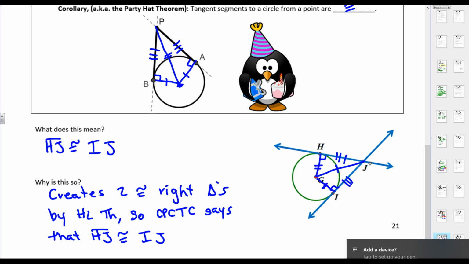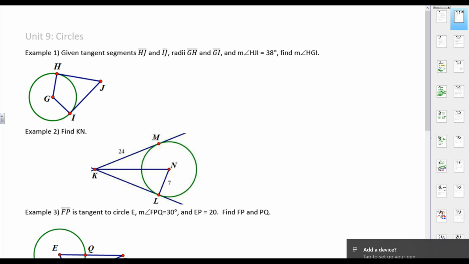So moving along to the next page, let's look at some examples of how this is useful. If I'm given two tangent segments, HJ and IJ, and radii GH and GI, and I know that the measure of angle HJI is 38 degrees, I can now find the measure of angle HGI, which is this angle here. Well, we know that because these are tangents, these guys are 90 degrees.